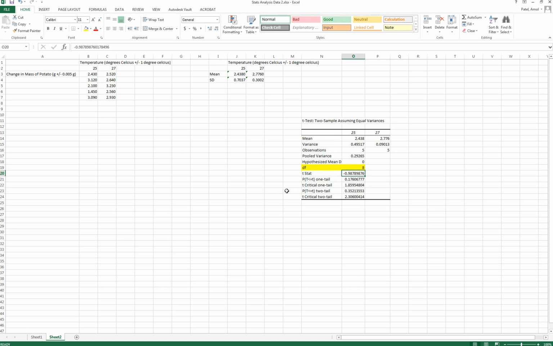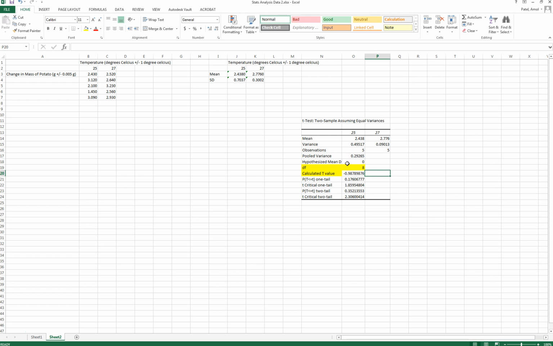So this t-stat is, I'm going to rewrite this as my calculated t-value. This is the value that Excel has calculated for us, but it's not in the way that we want, because what I did was compare 25 to 27. If you flipped it around, you would not get a negative number.